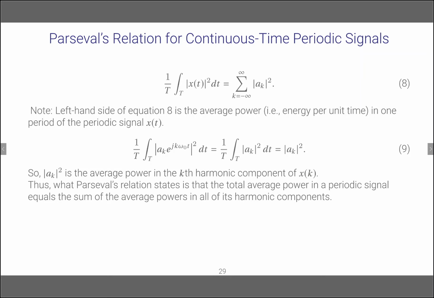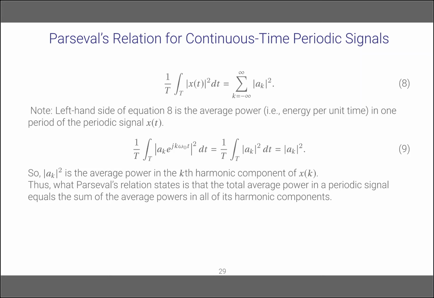The left-hand side of equation 8 is average power, that is, energy per unit time in one period of the periodic signal x(t).